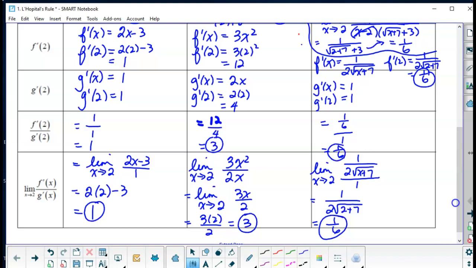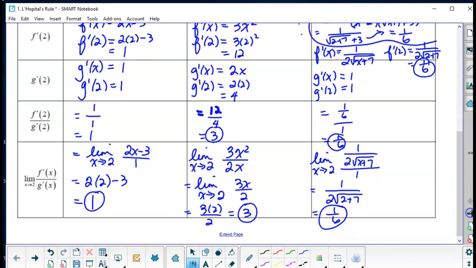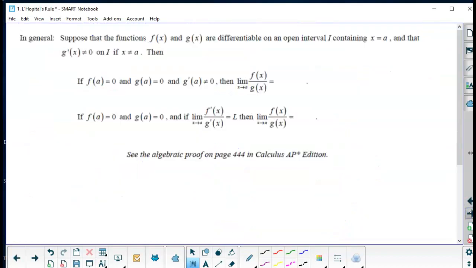Okay, so let's summarize. So suppose that the functions f and g are differentiable on an open interval I containing x equals a, and that the derivative of g, so the denominator, is not 0.